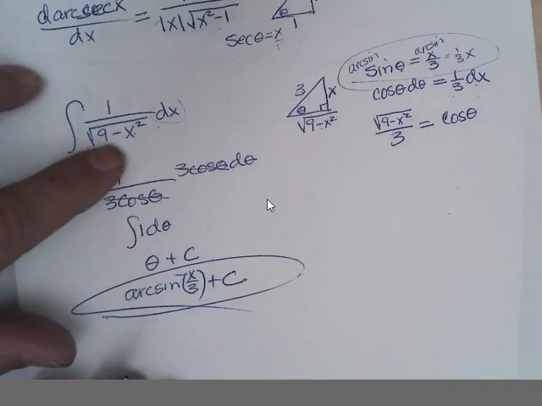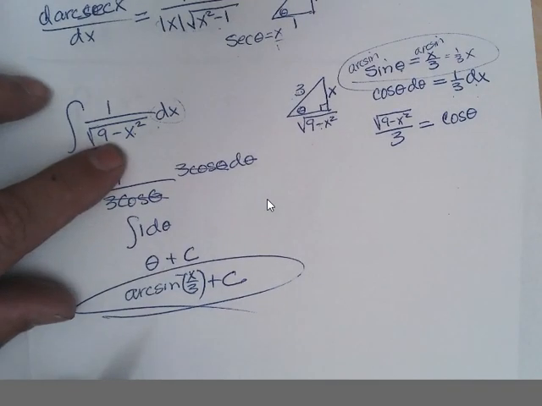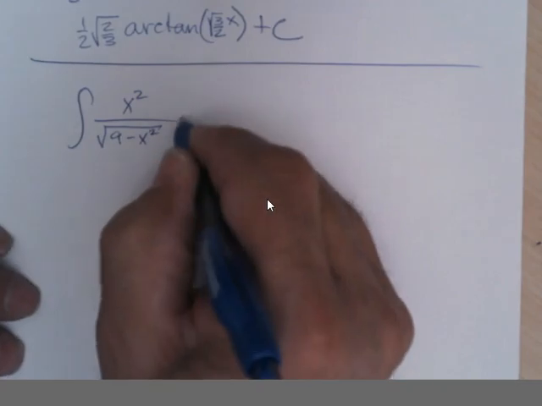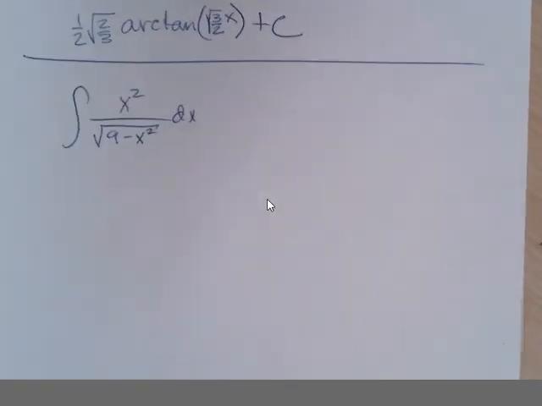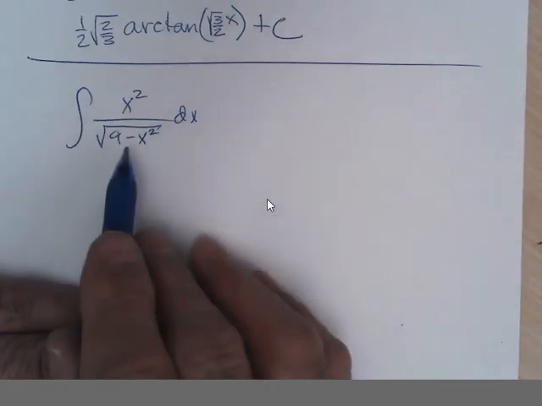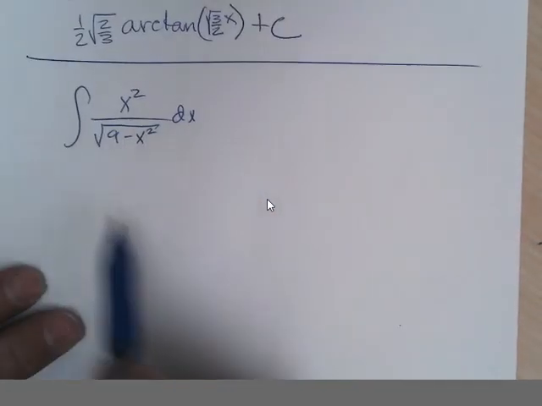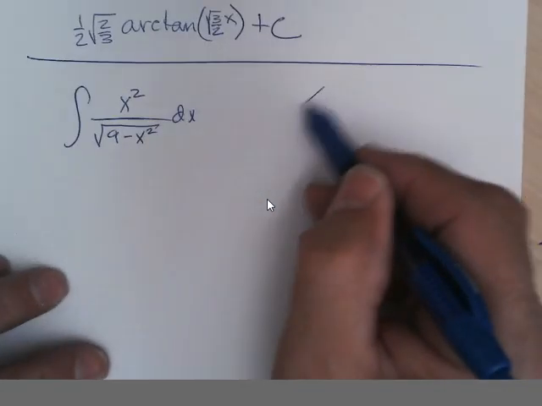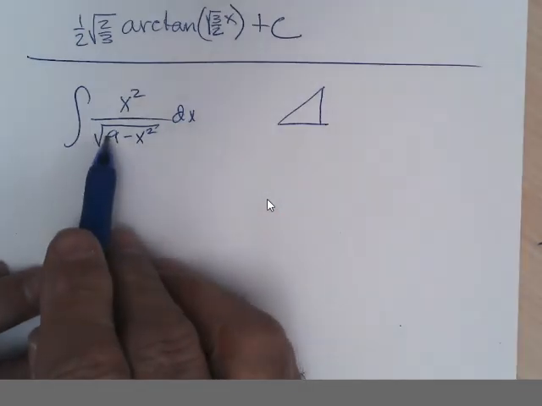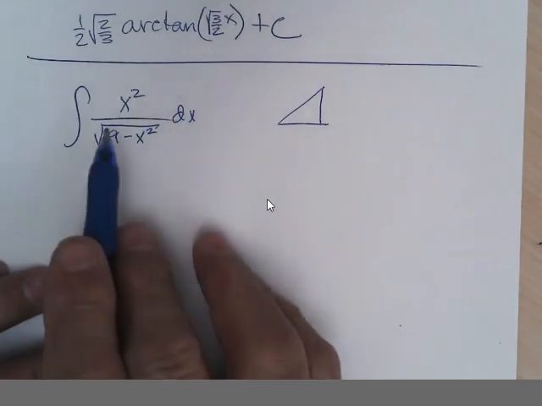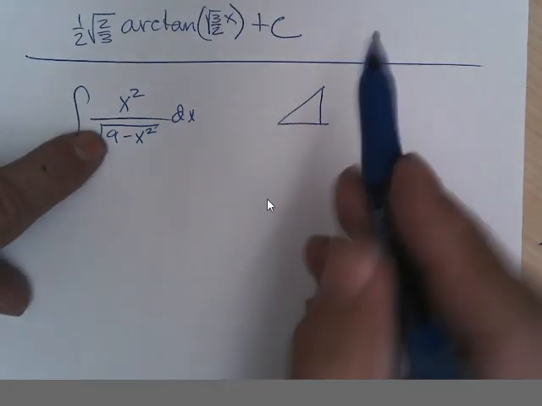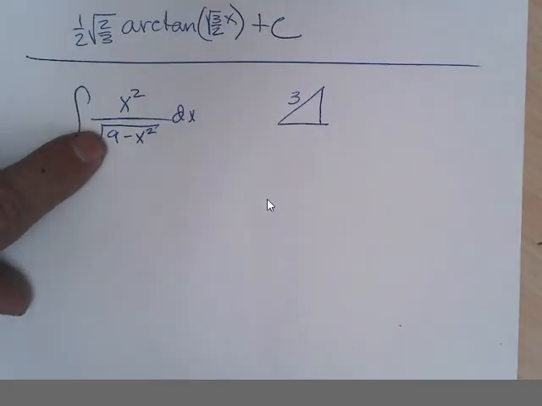Well, the square root of 9 minus x squared we already set up once. Okay, dx. So let's do this one. Going to ignore the x squared. The messy thing is this square root. And to make that less messy, I want to put, let's see, it's a subtraction, so I'm putting the part that's being subtracted from on the hypotenuse, the square root of it, so I'm going to put 3 on the hypotenuse.